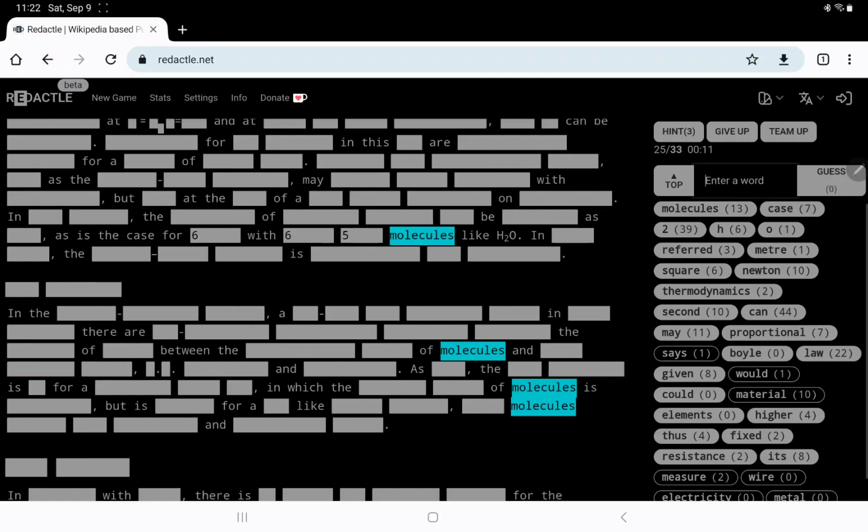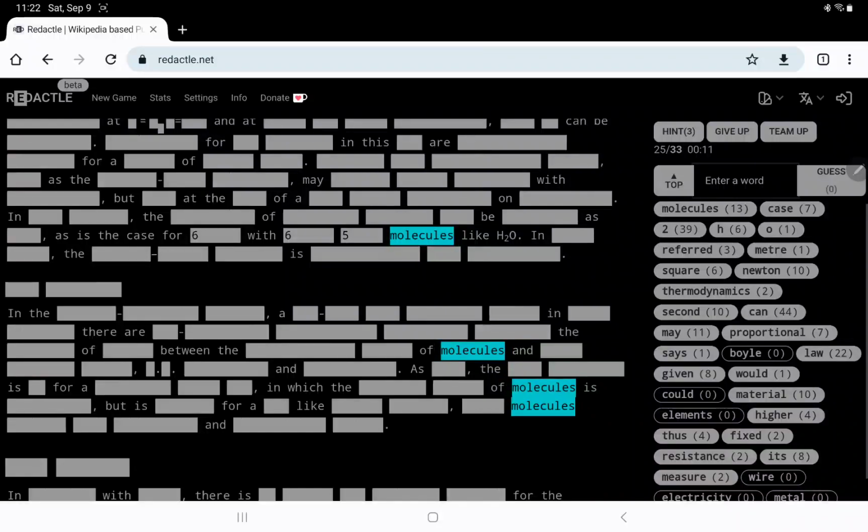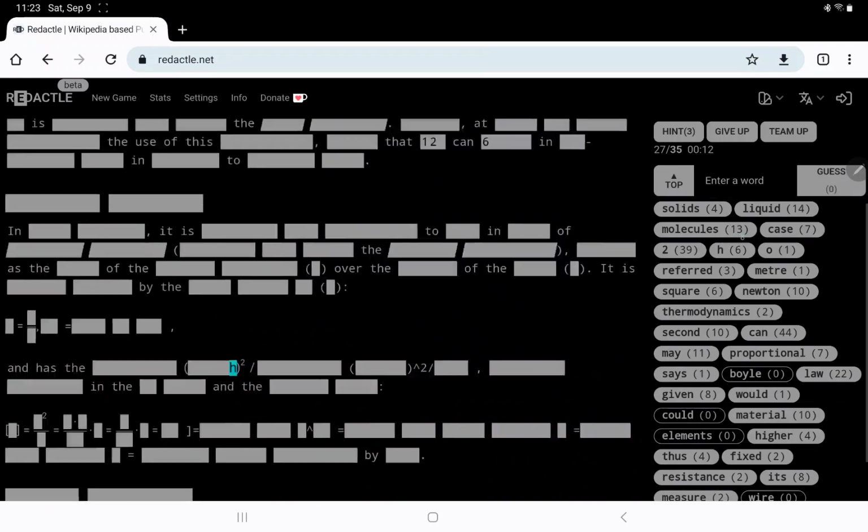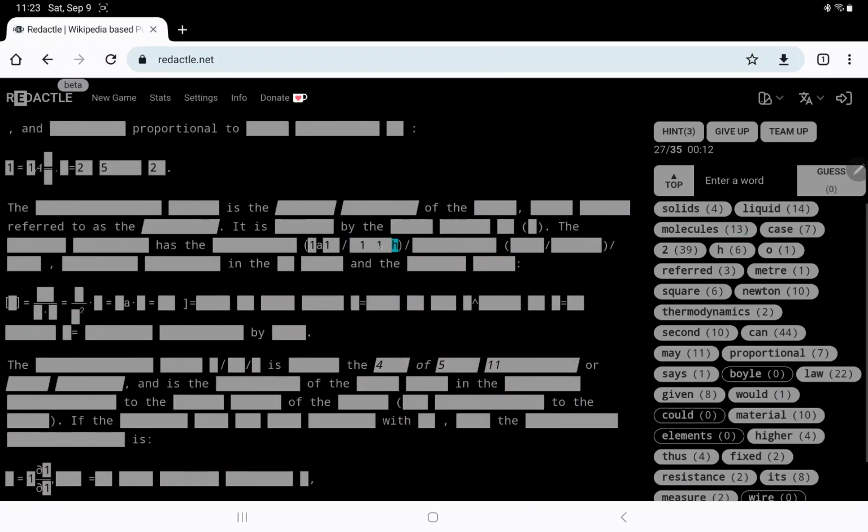How about molecules? Okay. As is the case for, well, it's not liquid, is it? No, is this the case for, oh my goodness. Solids. My goodness. Okay, we got a whole bunch of things strung together there.